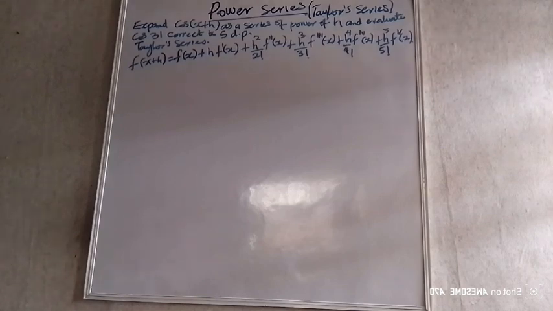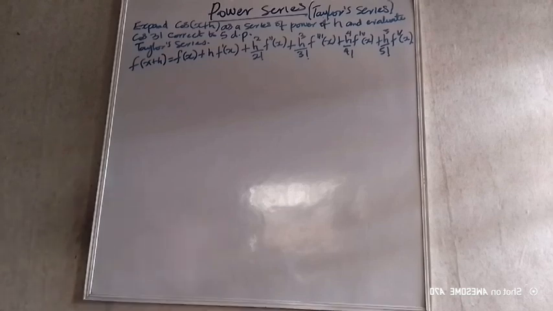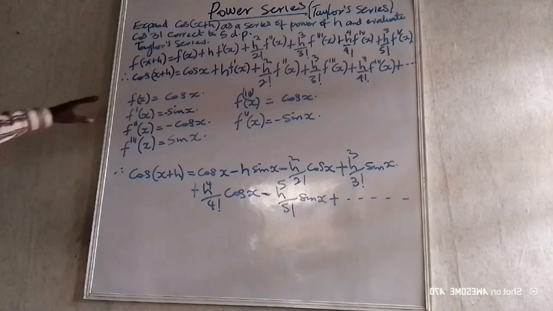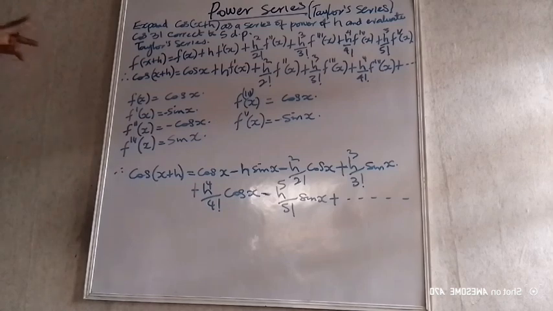So if we are going to do that for cos(x + h), this is how it's going to be. Cos(x + h) is cos x plus h times the first differential, plus h squared over 2 factorial times the second differential, and continues like that. So we get f(x), the first differentiation, second differentiation, up to the fifth, and slot them into the expression.